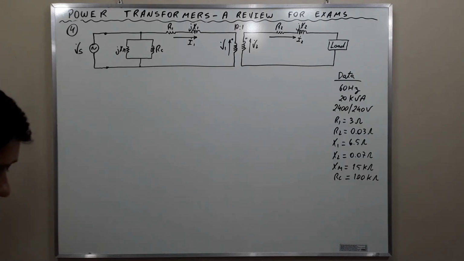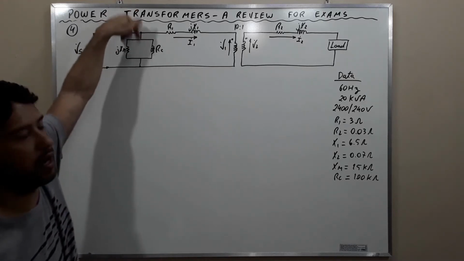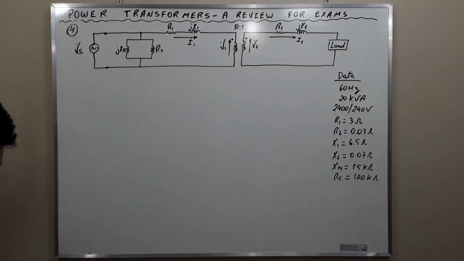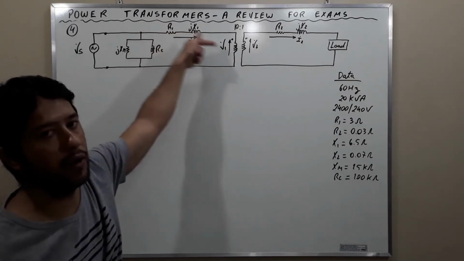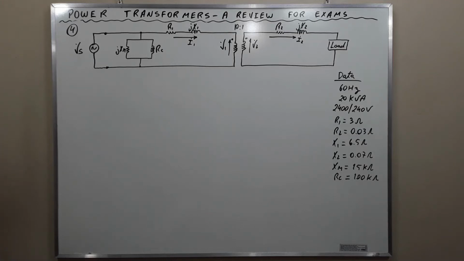Notice that there is going to be a magnetization current here in the magnetization branch. Notice that the magnetization current is much less than the current along the wire. This current here, I1, represents the current along the wire of the winding of the transformer.